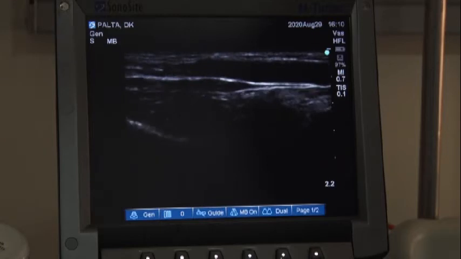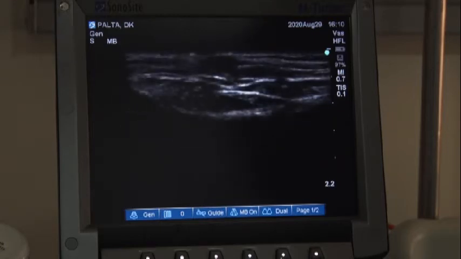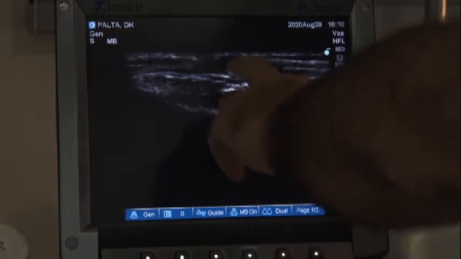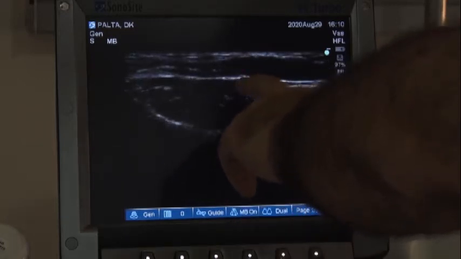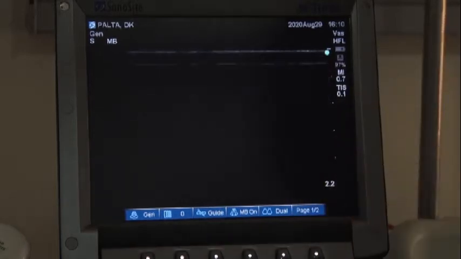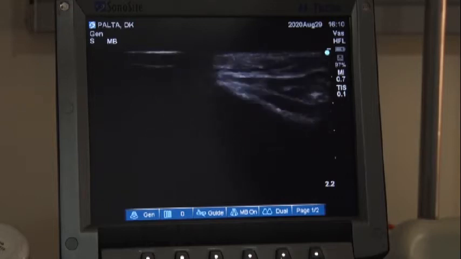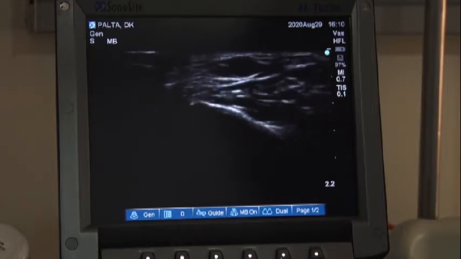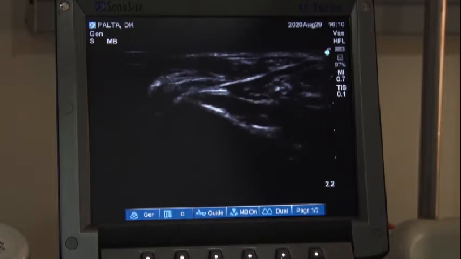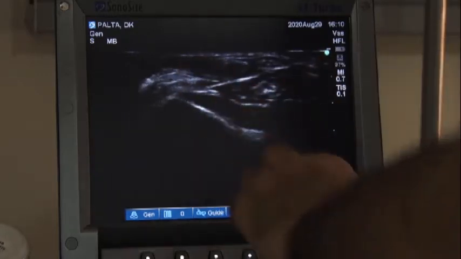This is the radial artery and this is the anastomosis. This is the vein, this is the artery, and this is the anastomotic site. So in transverse view, this is the portion of the anastomosis.